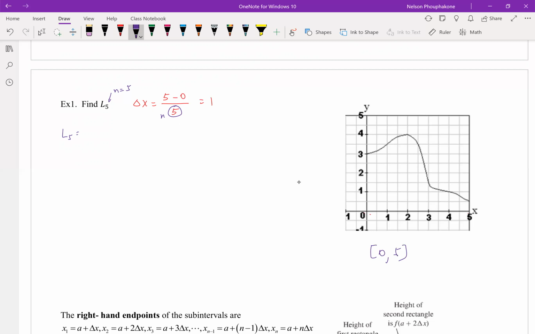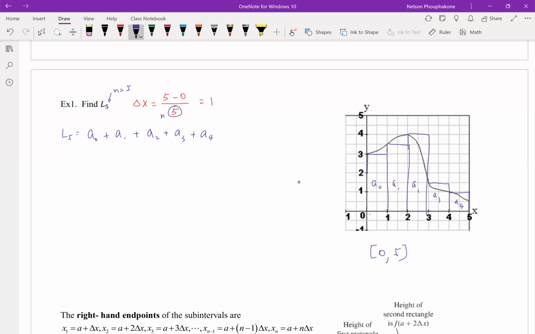So L sub 5 basically is equal to, let's see. Now remember, we work with the left endpoint, right? So we could draw it like this, then the second one, the third, the fourth, and the fifth. In this case, we could make the notation like this: a naught plus a sub 1 plus a sub 2 plus a sub 3 plus a sub 4.